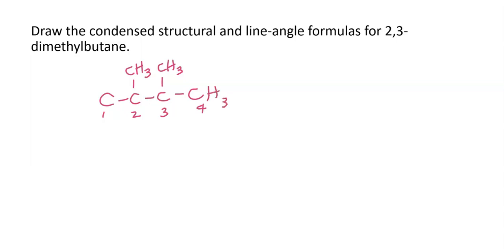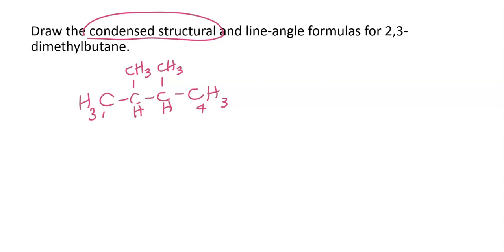I will fill up the other carbons with the correct number of hydrogen atoms. This will be a CH and CH. Since the question asks for a condensed structural formula, I don't want to draw this dashed line. I will just write it as CH and CH.